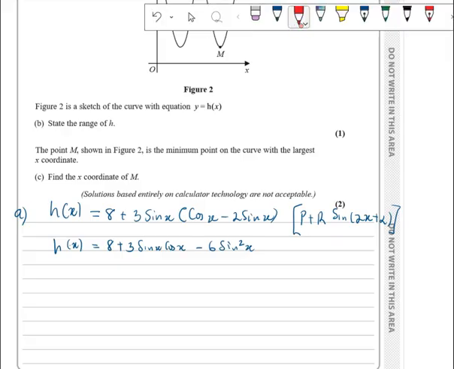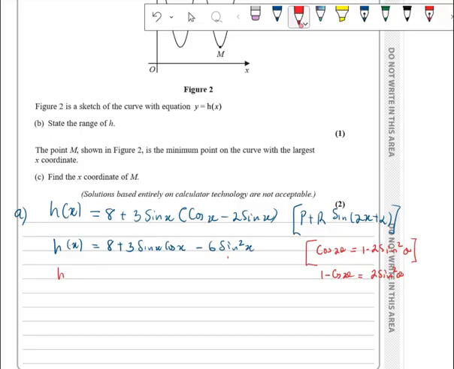The expression you should remember here is that cos of 2 theta is equal to 1 minus 2 sine squared theta. That means, making sine squared theta the subject, 2 sine squared theta is equal to 1 minus cos of 2 theta.